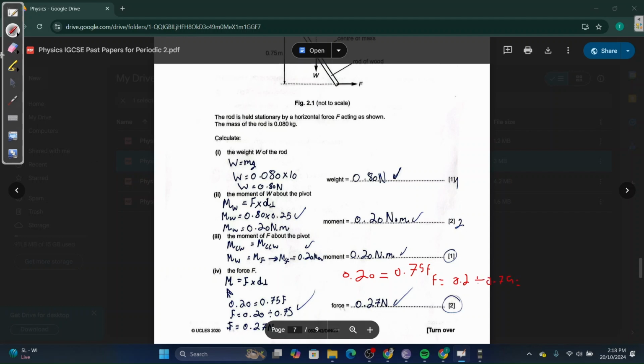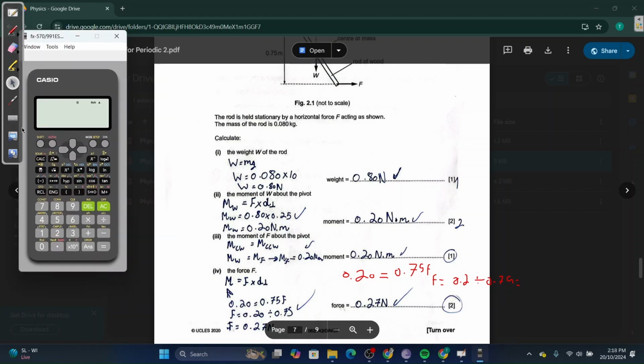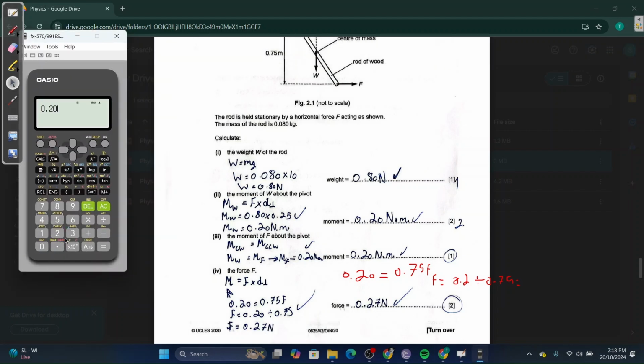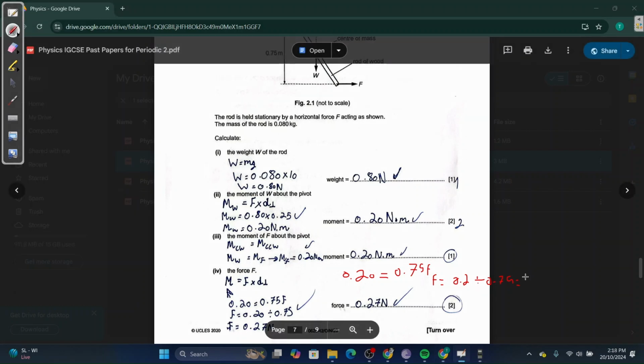If you do it on a calculator, it should be 0.27. So 0.20 divided by 0.75 is 0.26667. So round it up to 0.27 newtons.